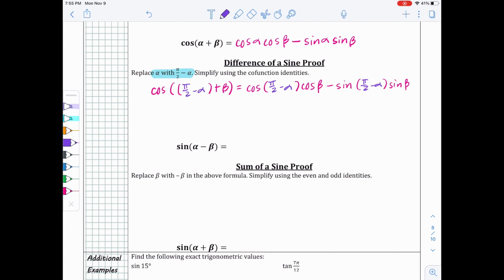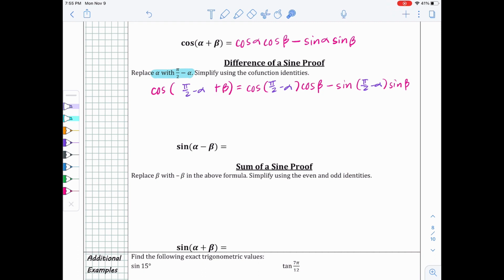In simplifying the cosine of pi over 2 minus alpha plus beta, the parentheses is not necessary anymore. We can get rid of those parentheses because it's addition that's separating them. And between the alpha and the beta, we're going to GCF out a negative, and I'm going to tell you why in a moment.